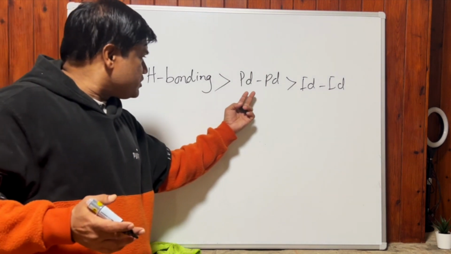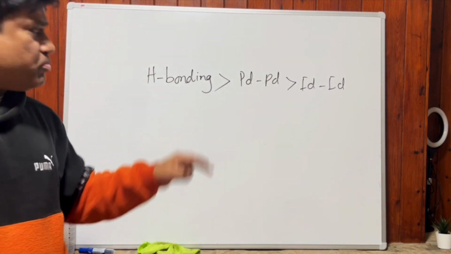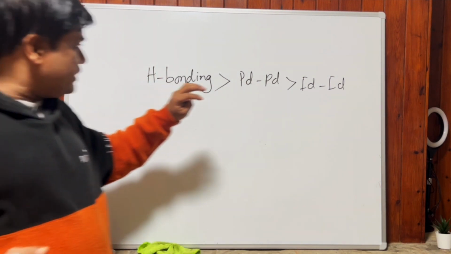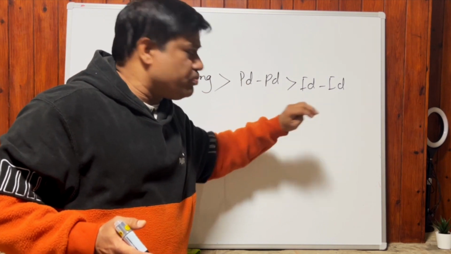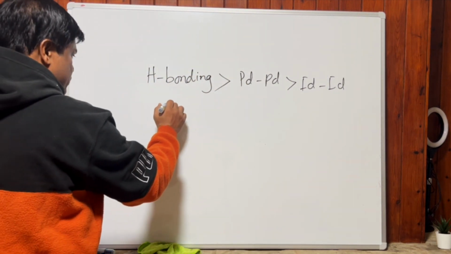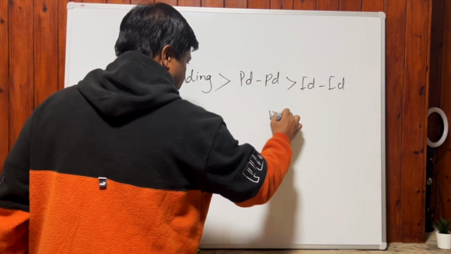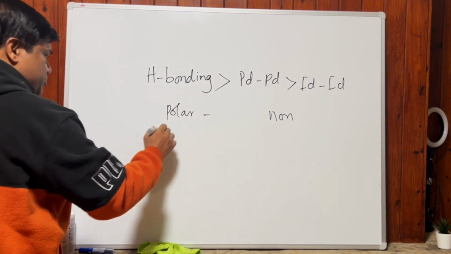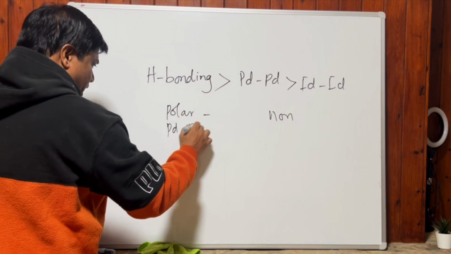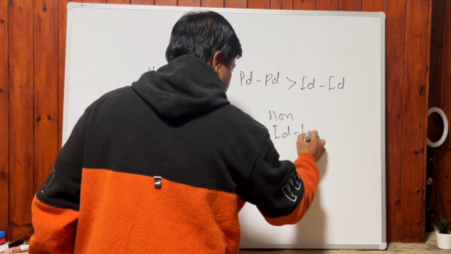This type of intermolecular force is present in polar compounds, and this is present in non-polar compounds. How can we check whether a compound is polar or non-polar? A polar compound has PD, and a non-polar compound has van der Waals force of attraction, ID.